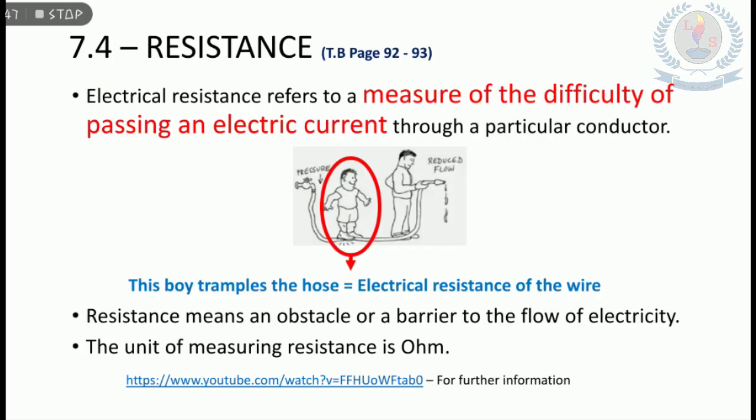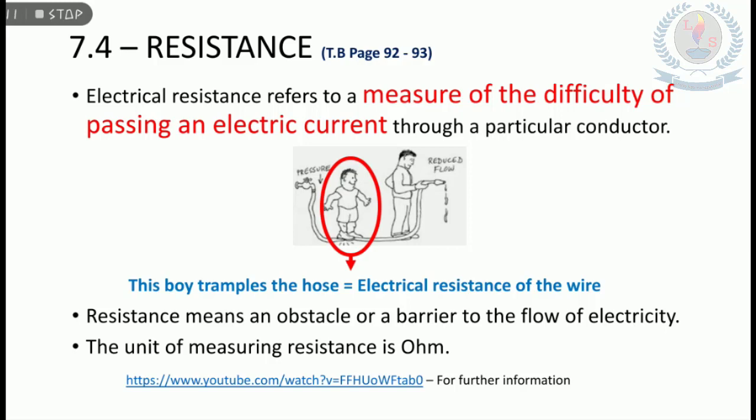Resistance, very important topic. Electric resistance can be defined as a barrier or an obstacle which causes flow of electricity to be decreased. Electrical resistance is measured by ohms as it is recognized internationally. Look at the picture which I have inserted in this slide.